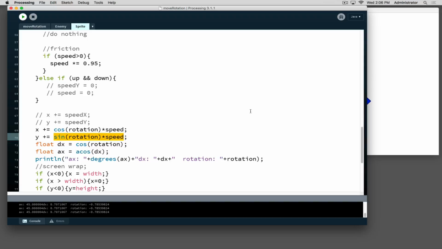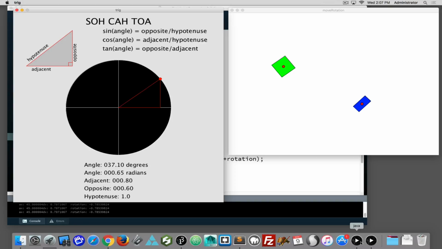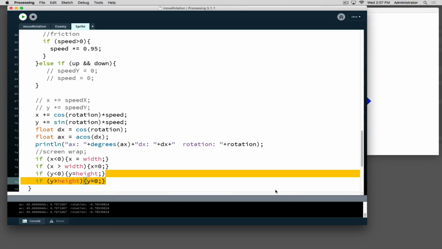So when we look at the scary math, go, whoa, sines, angles, the reality is all we're really trying to do is figure out how much to move on the x-axis, how much to move on the y-axis each frame. And that's all the math is telling us. And then we update our object.